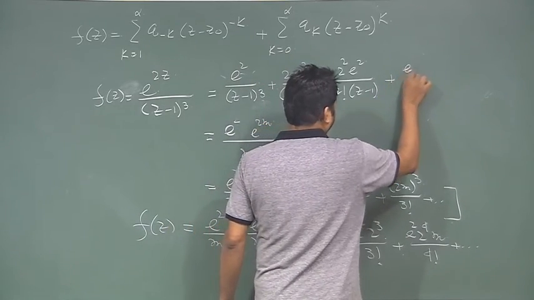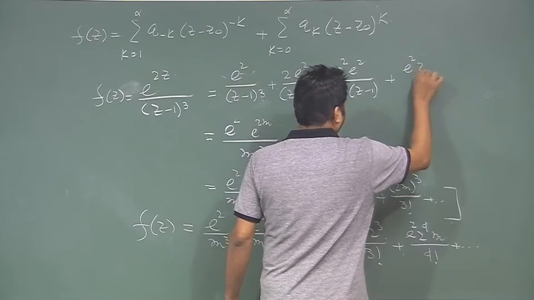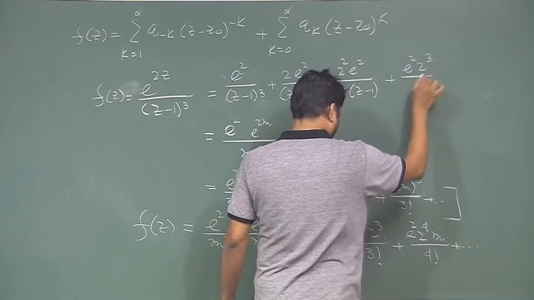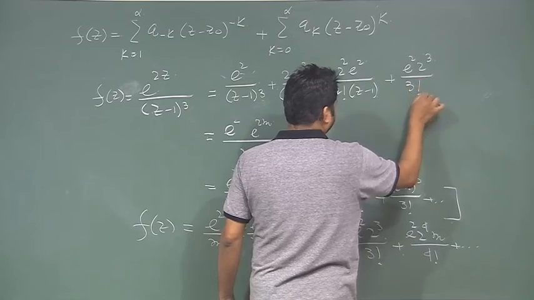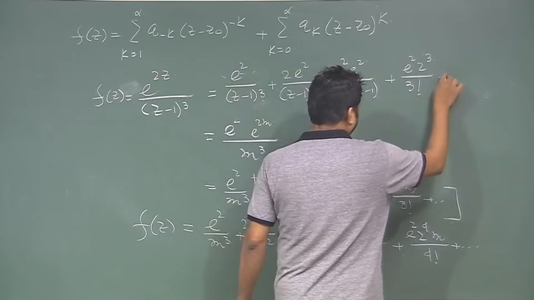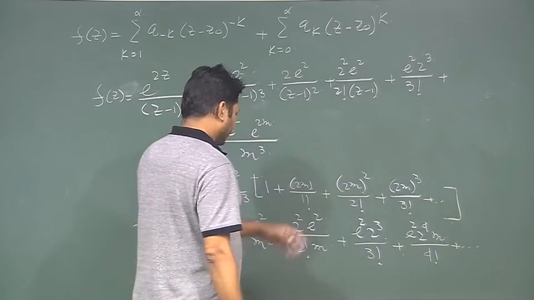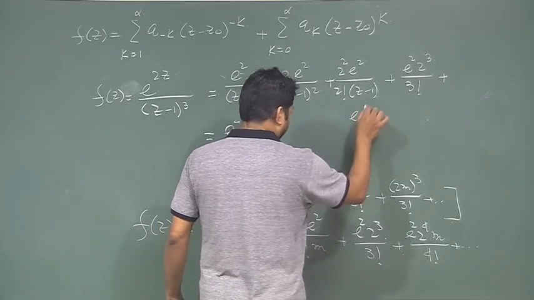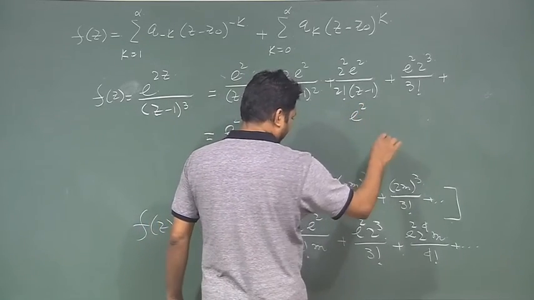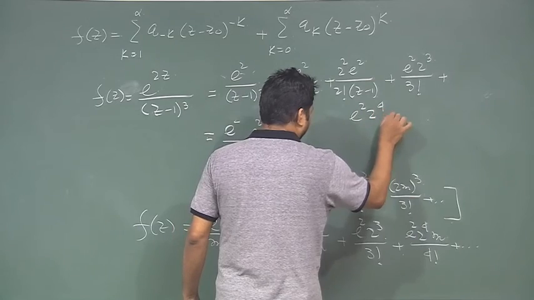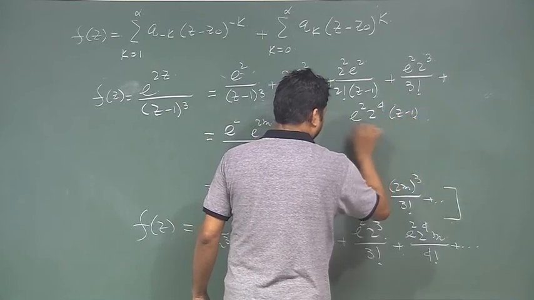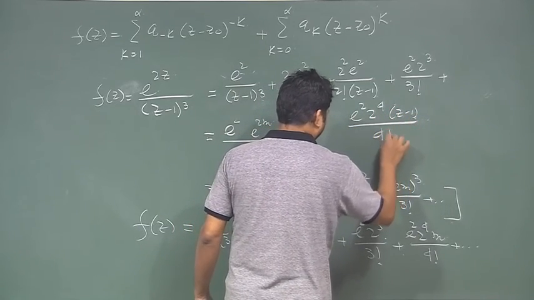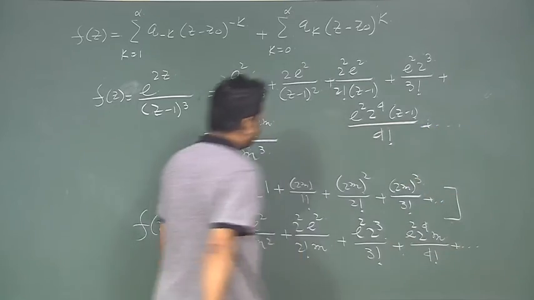So, it is e square 2 cube divided by factorial 3, which is essentially my a0 term, from where the analytical part starts, then e square 2 to the power 4 (z minus 1) divided by factorial 4 and so on.